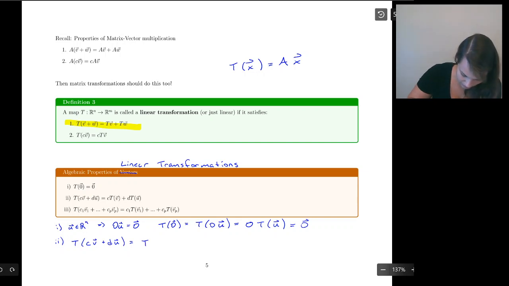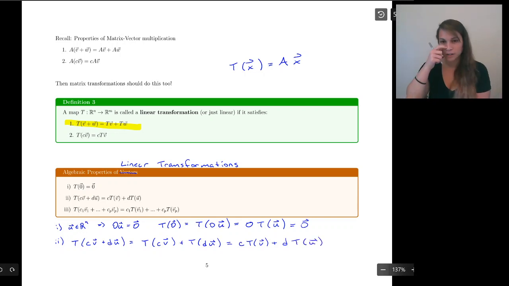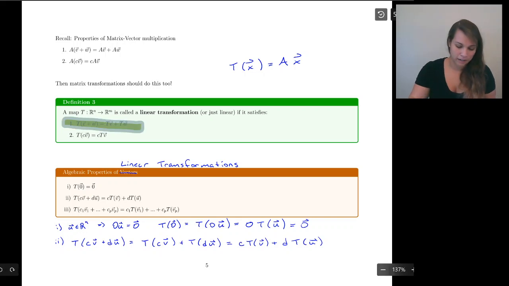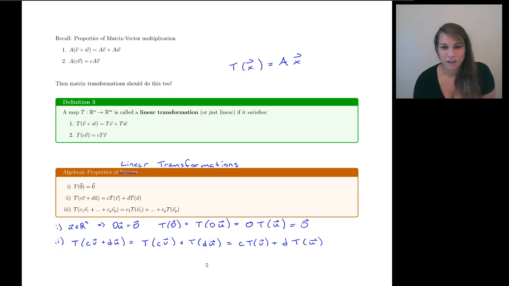We can say T of CV plus T of DU. And then we can pull those constants out to the front by the second property. And there you have, we've proved part 2. Okay, what I'm not going to do is I'm not going to do 3. All you have to do is repeat what we did for 2, like p minus 1 times.